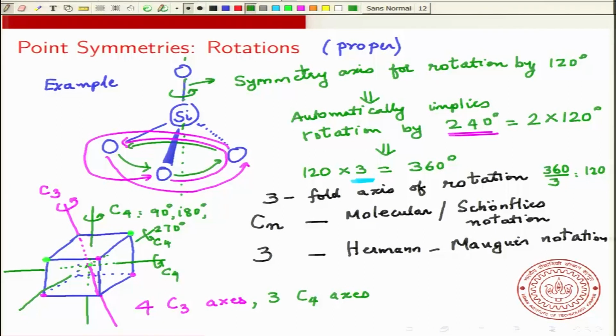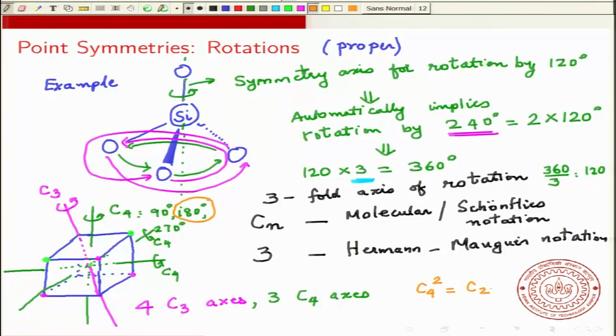Now one of the things that you will notice is that if you had a C2 axis, okay, we notice that C4 also generates 180 degrees. So if you do C4 twice, I write it as C4 squared, you get a C2 operation.